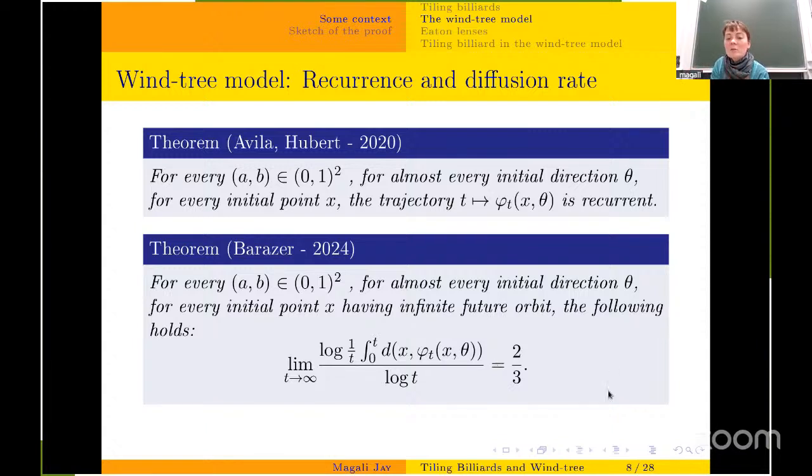So we can really expect at time t to be at a distance t to the 2/3. But this is not always true, of course, because the trajectory is recurrent. Okay, so this was the second dynamical system that I wanted to present.